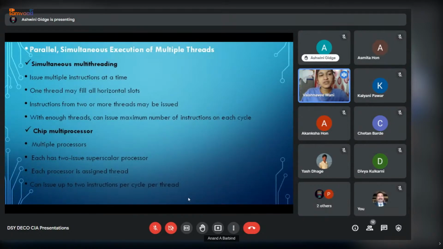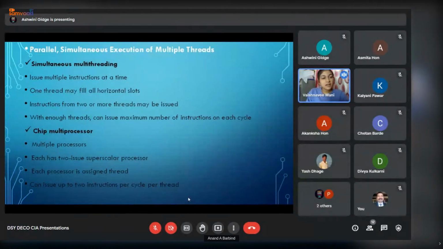The different executions, parallel and simultaneous, are explained. Firstly, simultaneous multithreading. It issues multiple instructions at a time, and one thread may be fed at horizontal slots. Instructions from two or more threads may be issued. With enough threads, it can issue the maximum number of instructions at each cycle.